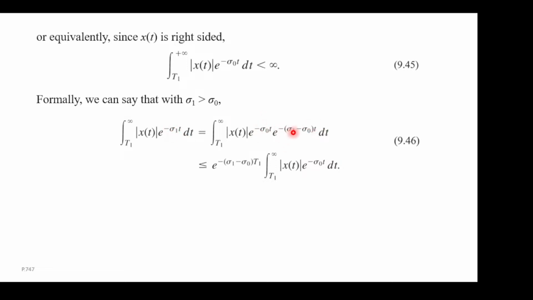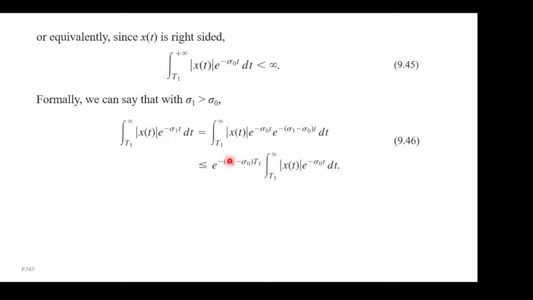And then the extra part is another decaying exponential because sigma 1 is bigger than sigma 0, and this decaying exponential is biggest at t1, right, because it's decaying.